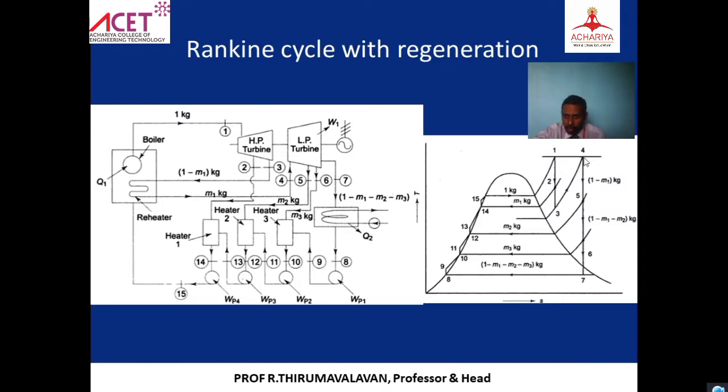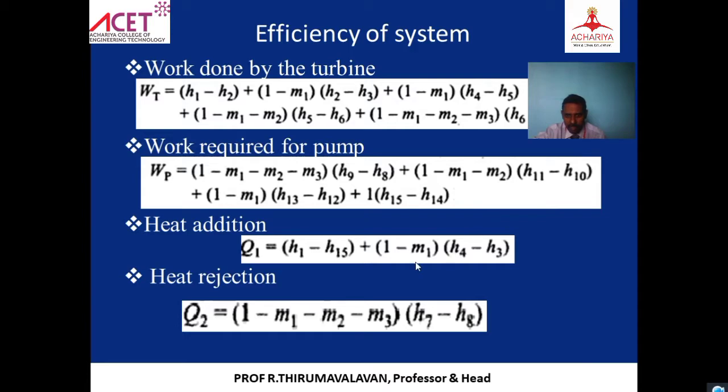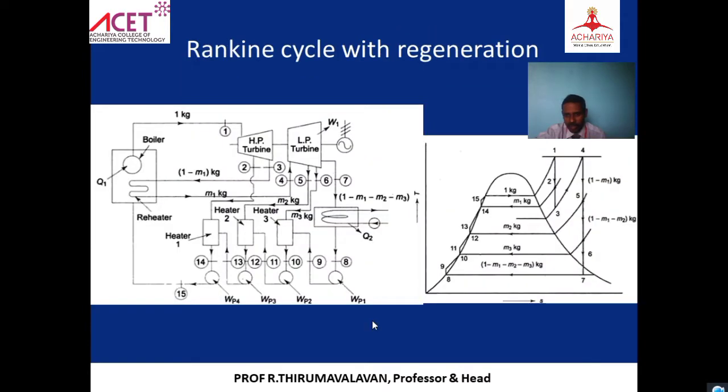So H4 minus H3 in how much amount? M1 amount is subtracted, 1 minus M1. H4 minus H3 into 1 minus M1. Then heat rejection in the condenser: H1 minus H2, H3, H7 minus H8.